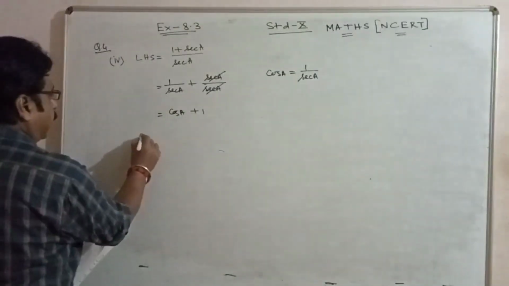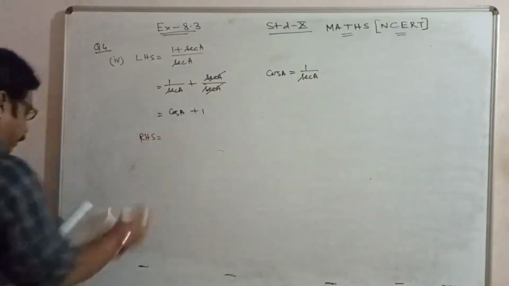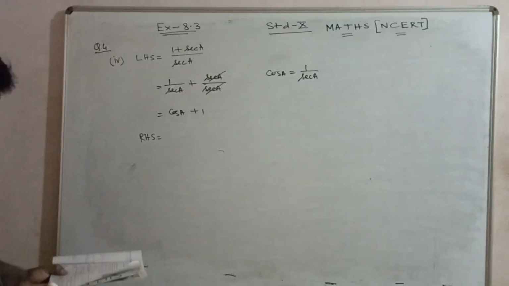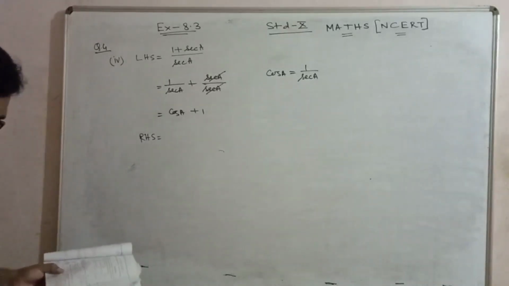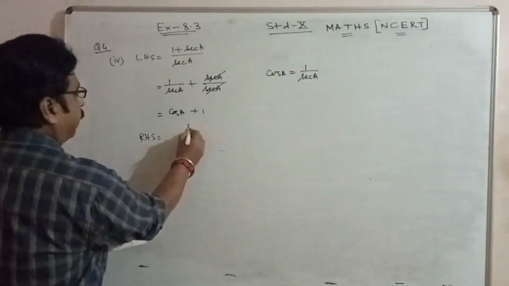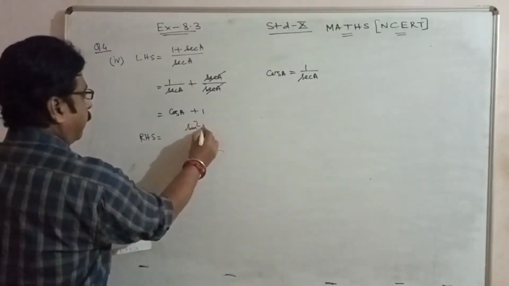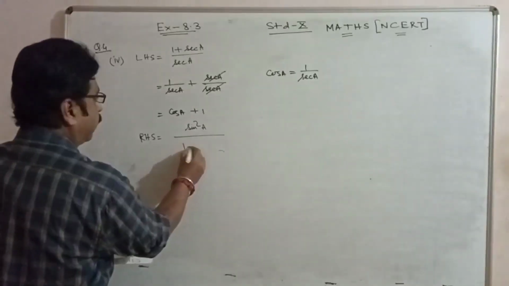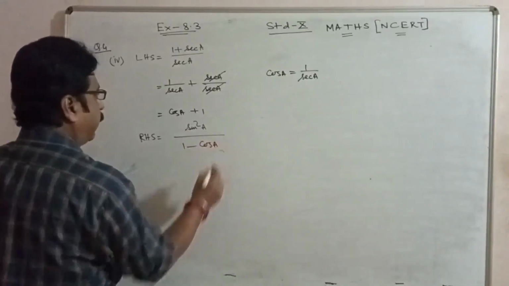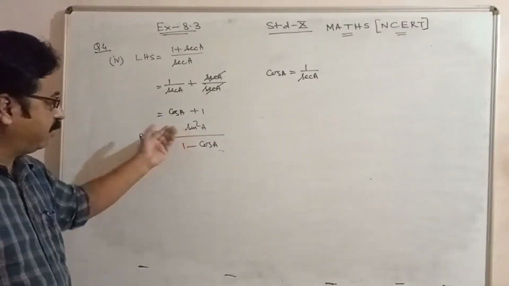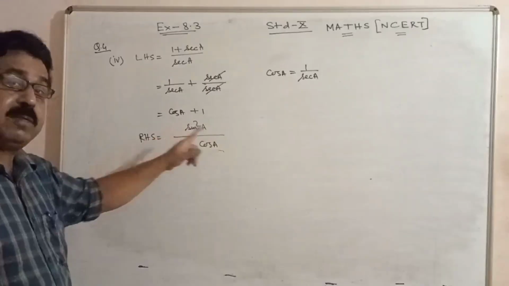Now right hand side: sin square A upon 1 minus cos A. We have to get 1 plus cos A. Means sin square A we have to convert into 1 minus cos square A, then the a plus b, a minus b formula.